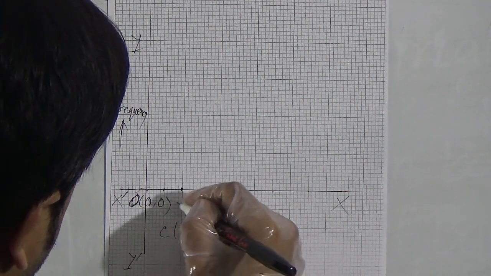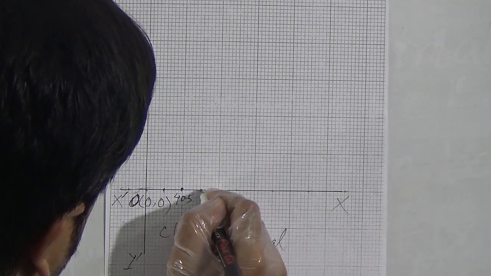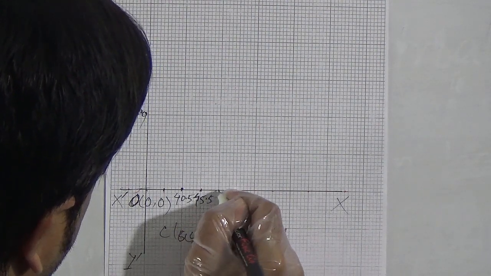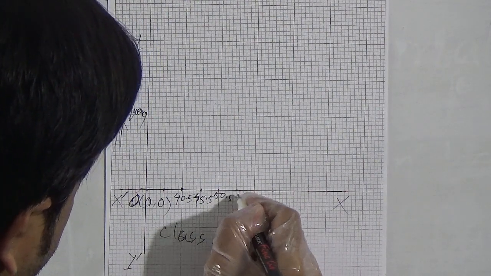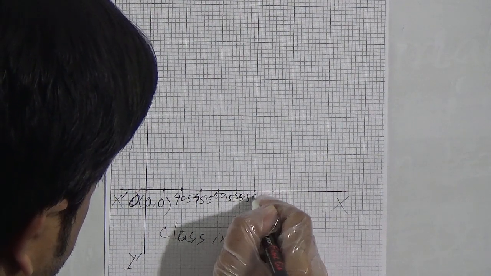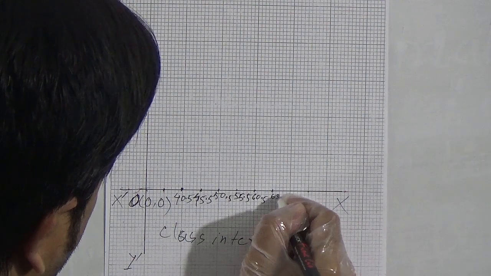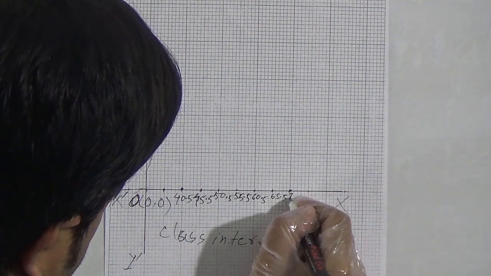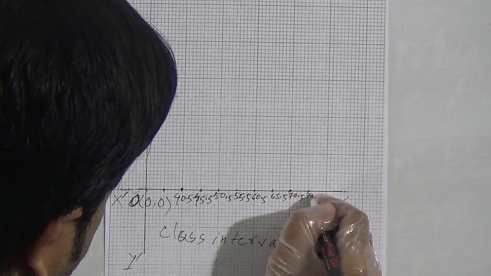Suppose here is 40.5, here is 45.5, here is 50.5, here is 55.5, here is 60.5, here is 65.5, here is 70.5, here is 75.5.